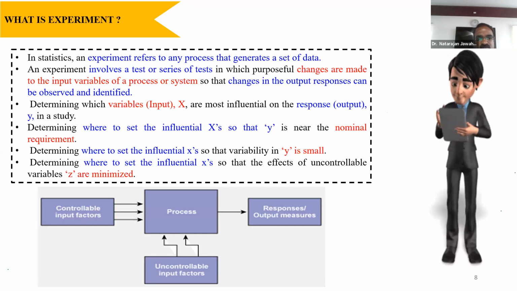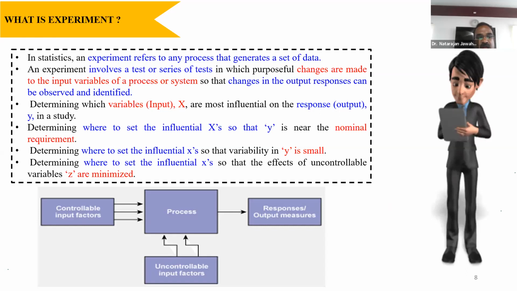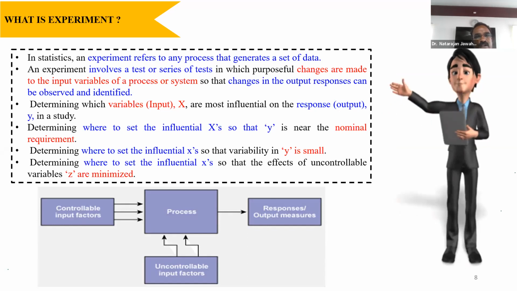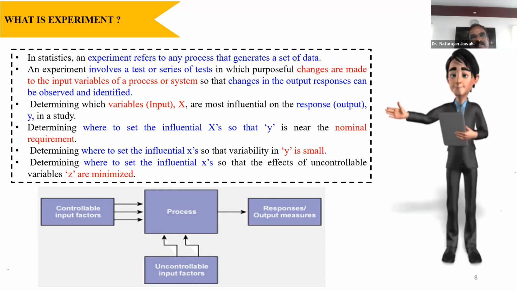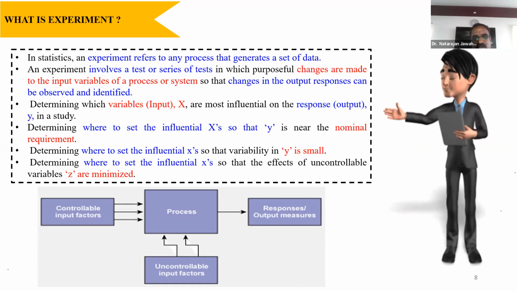So determining where to set the influential X's so that the effects of uncontrollable variables Z are also minimized. In an experiment, not only is there a factor, there is a response in the process.